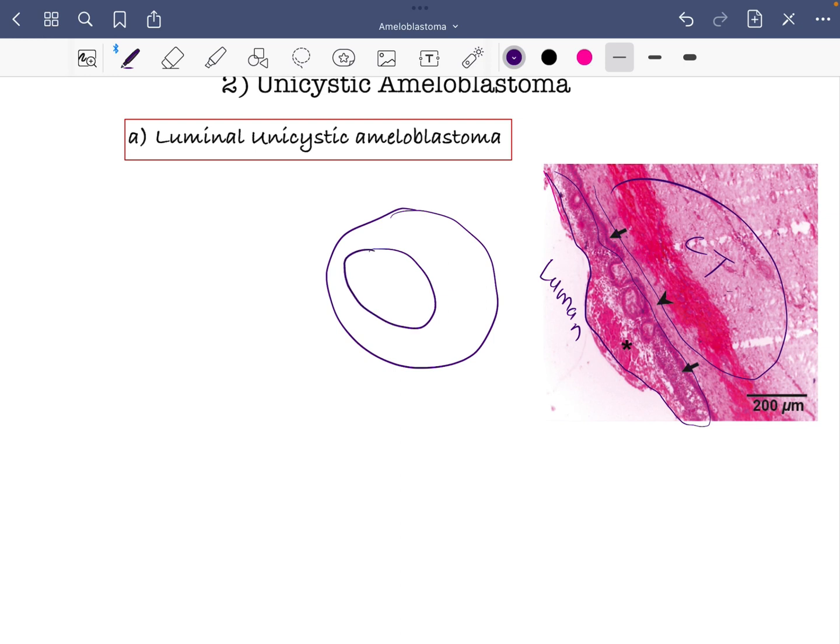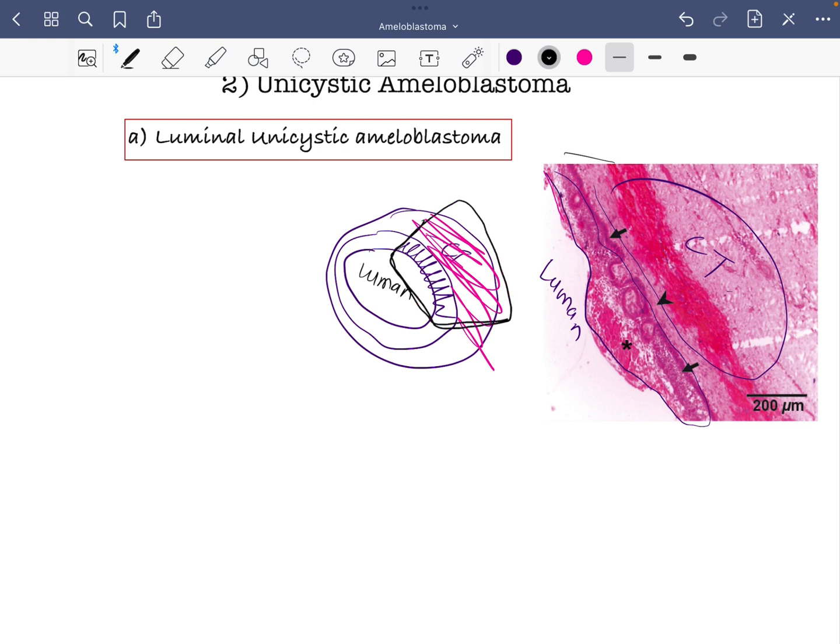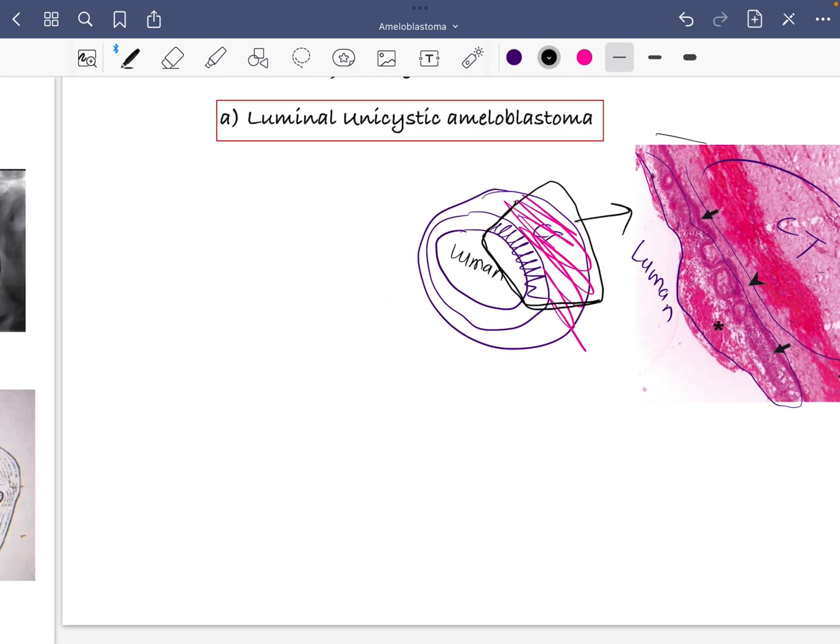This is your cystic cavity, these are your cells, this is your whole connective tissue, and this is your lumen.